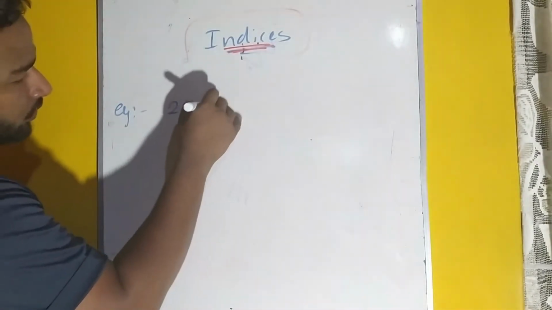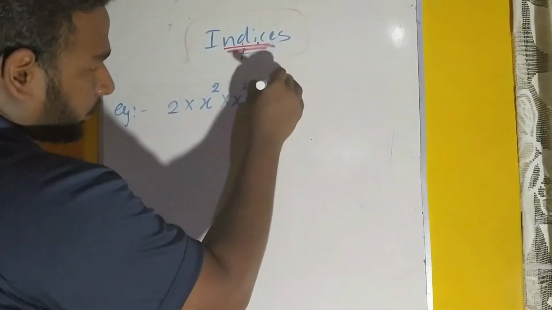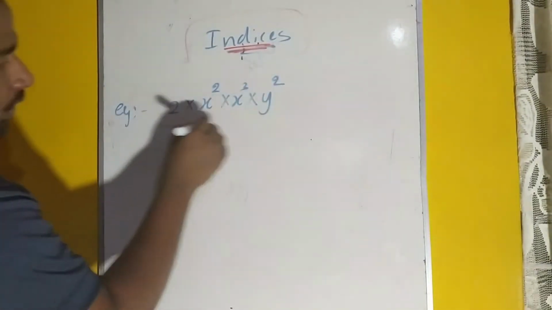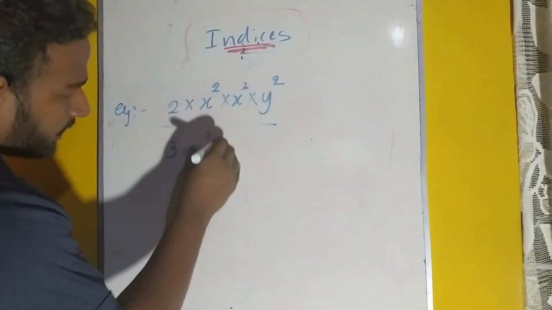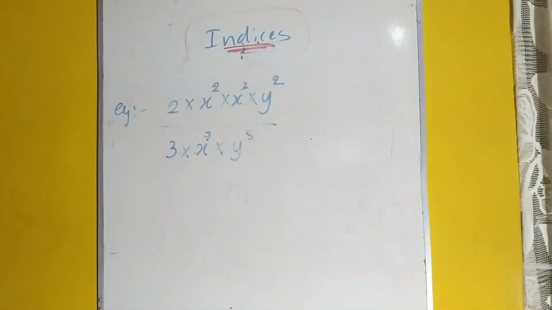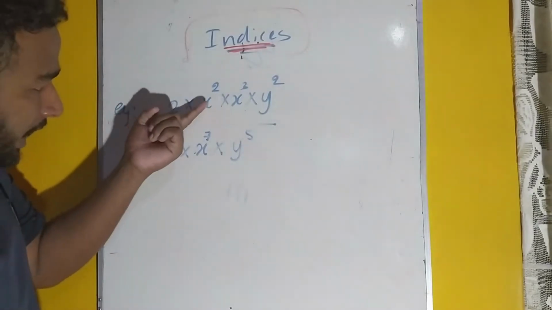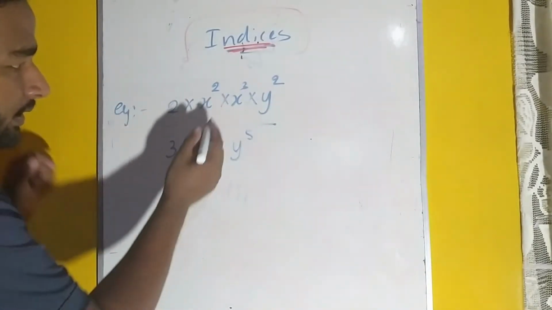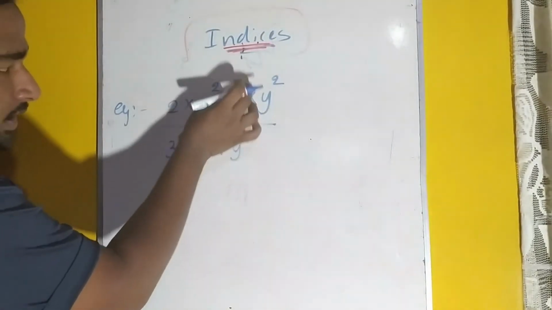2 into x to the power 2 into x to the power 3 into y to the power 2, over 3 into x to the power 7 into y to the power 5. In the numerator there are two terms with the same base, x to the power 2 and x to the power 3.